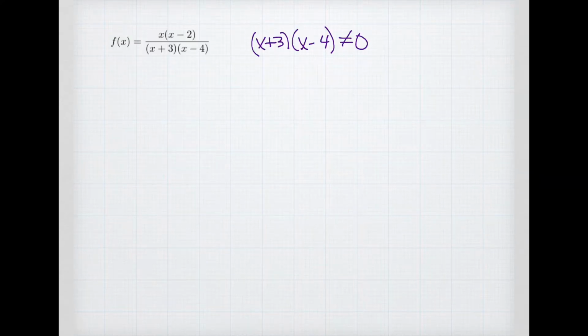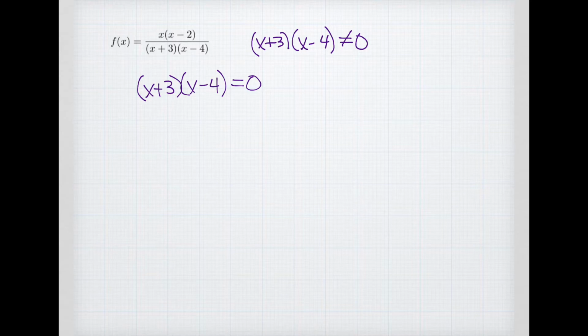Our first function, f of x, had the single restriction that the denominator could not equal 0. So we will solve this inequality by starting with the equation, the equality, and ask, when does x plus 3 times x minus 4 equal 0? We usually start solving inequalities by solving the corresponding equation.